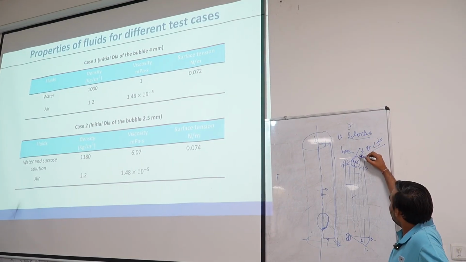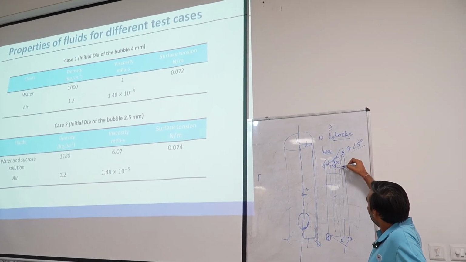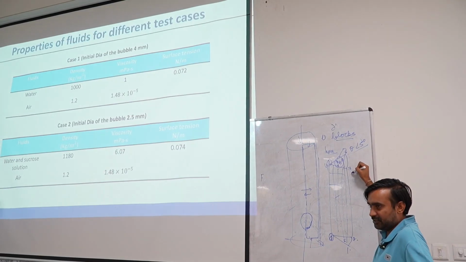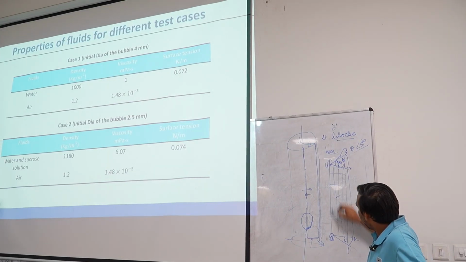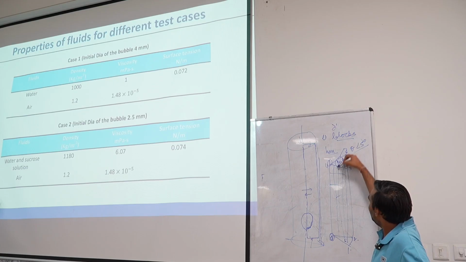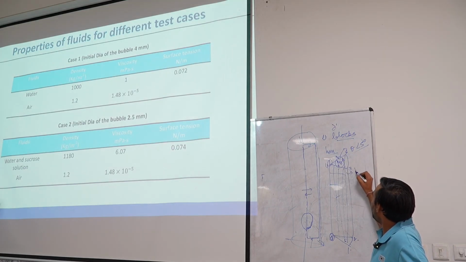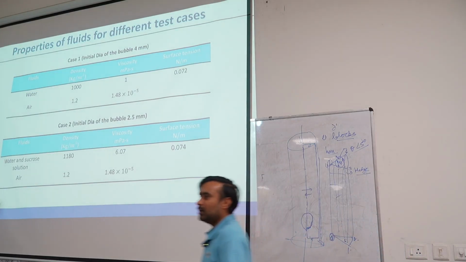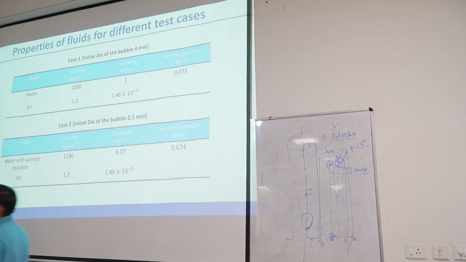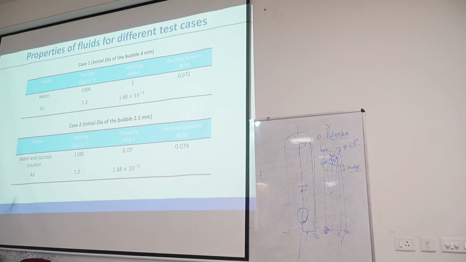So, I can tell my solver that I don't want to solve the solution in the angular direction. For that purpose, I will select the front boundary and the back boundary, and to these two boundaries I will specify a wedge type boundary to tell my domain that I am interested only in the solution on a rectangular plane. Is this point clear?